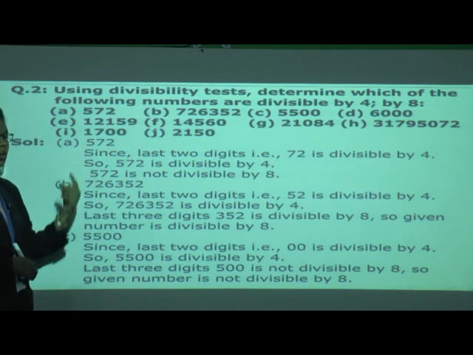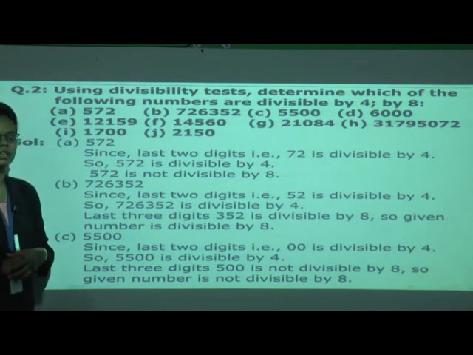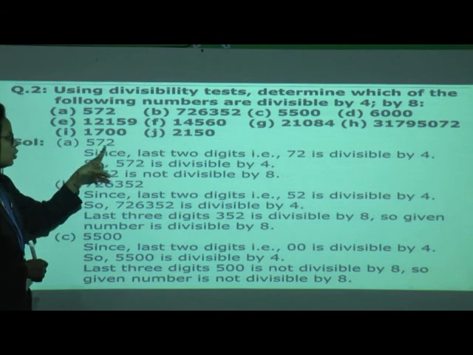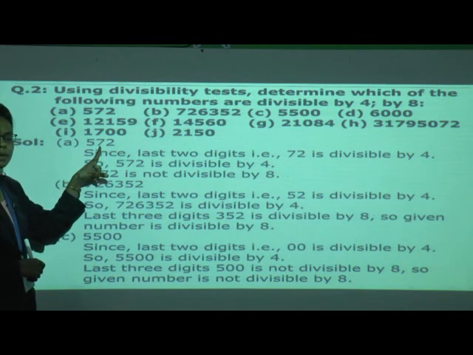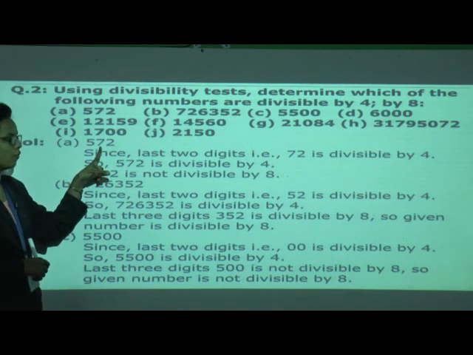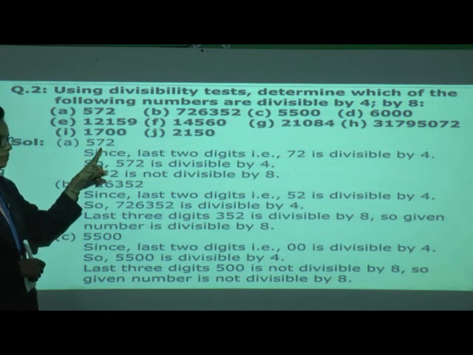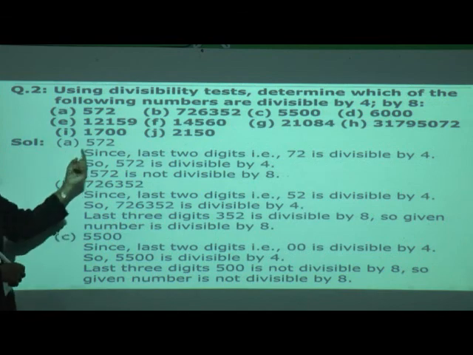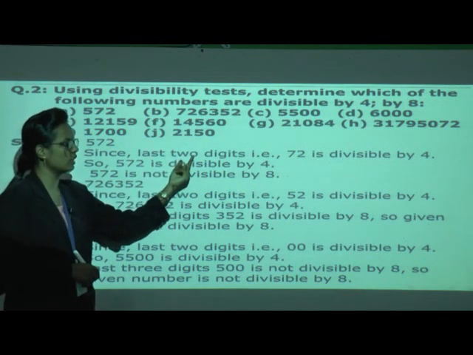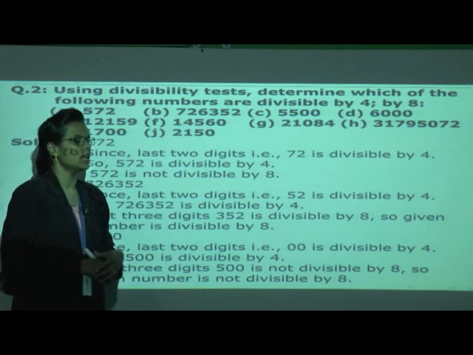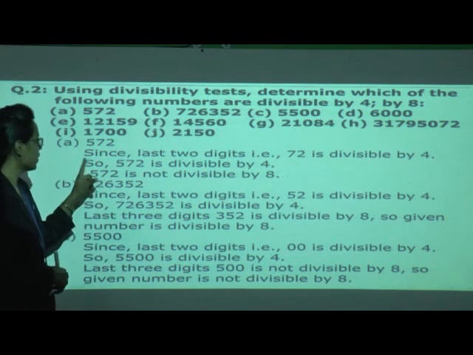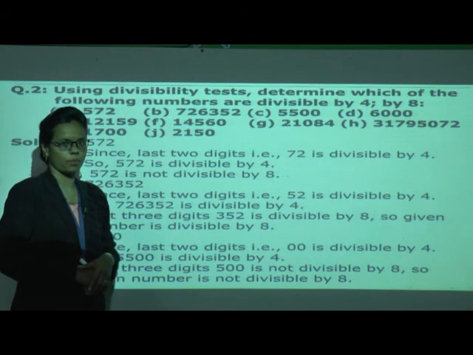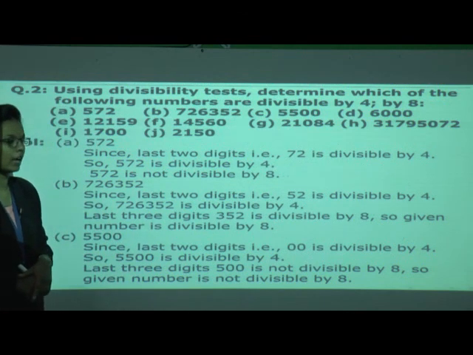The rule for divisibility by 4 is that the last two digits should be divisible by 4. Is 72 divisible by 4? Since the last two digits, 72, are divisible by 4, we can say 572 is divisible by 4. Now we have to find for 8.